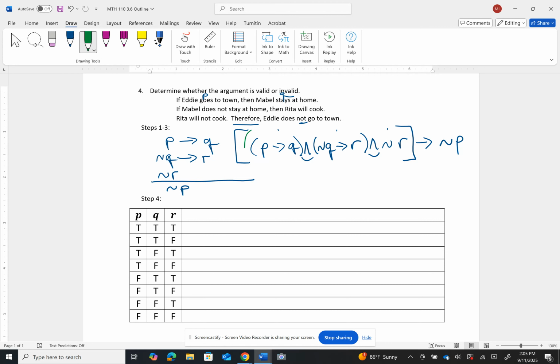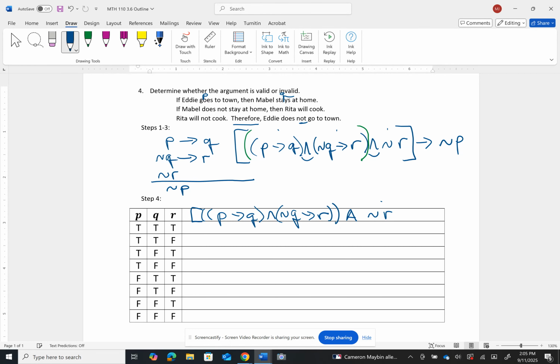I'll do whatever the answer is to the first two, and then I'll put that together with the not R. You could stretch this out and not use the shortcut method, but I'm going to use this. I'm going to take the P implies Q premise, hook it together with the not Q implies R one, and get the answer to that. Then I'll hook it together with not R using an and symbol.